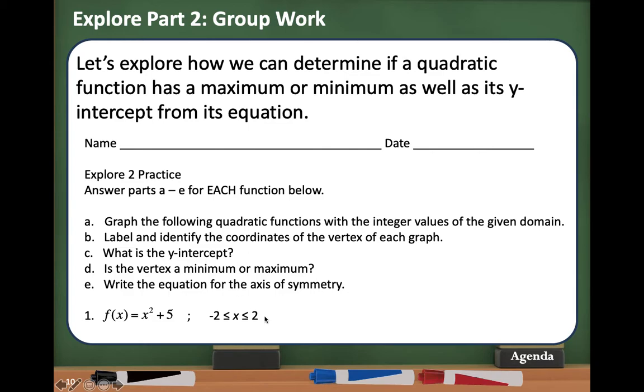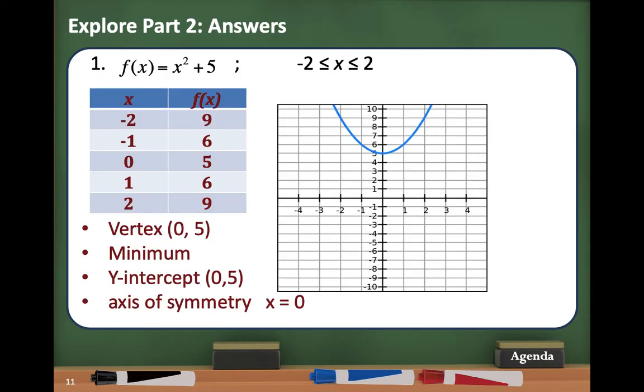And then you should be able to tell which ones have maximum and which ones have minimums. And the y-intercept. If you look at the equations and the y-intercepts, you should be able to figure that out. If you look at the function equations and we look at the graph, we should be able to figure out something. Okay? So that's what I wanted to go through.